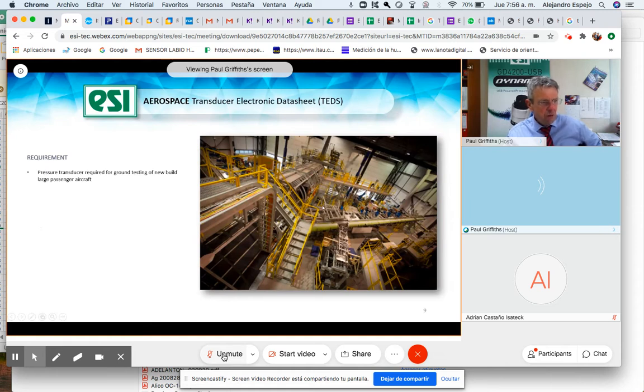So lots of different pressure ranges, and the tests need to be very accurate.